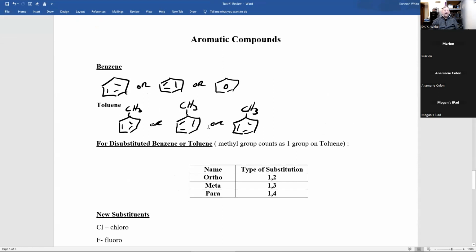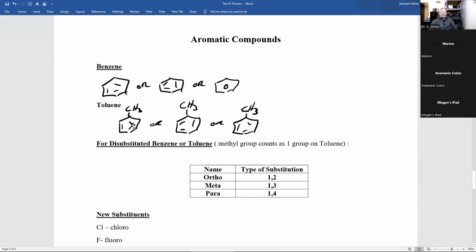Now, let's look at aromatic compounds. I talked about Kekulé, which I won't have on a test. But the simplest aromatic compound is benzene, and benzene has this structure. When you have a methyl group on benzene, you don't call that methylbenzene.